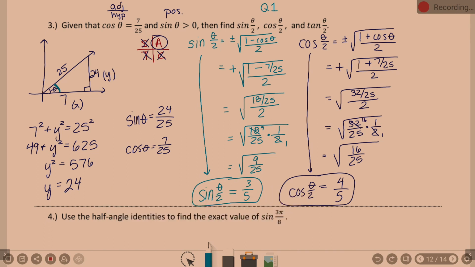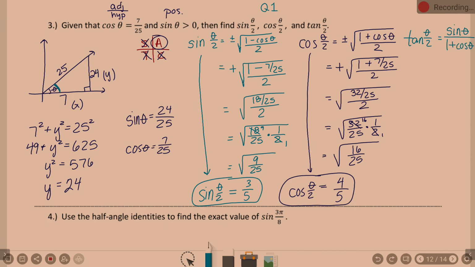And one more. Tangent of theta over 2. Grab your identity, which is sine theta over 1 plus cosine theta.